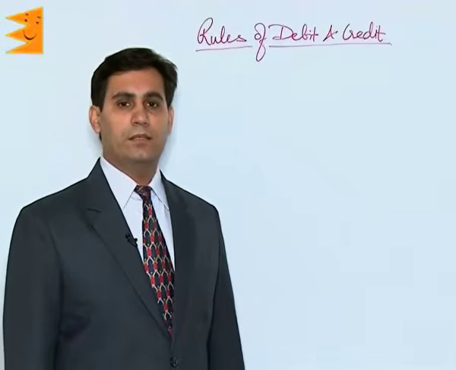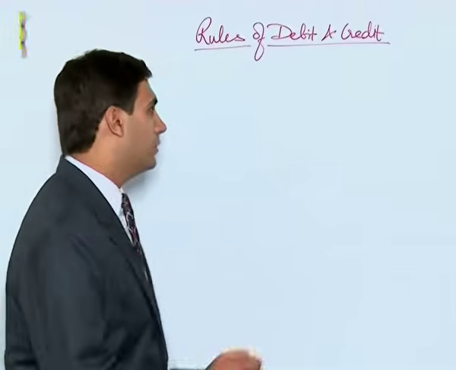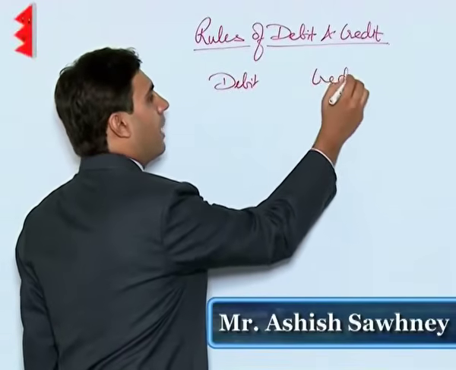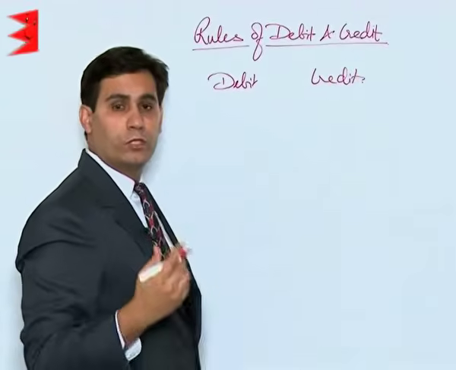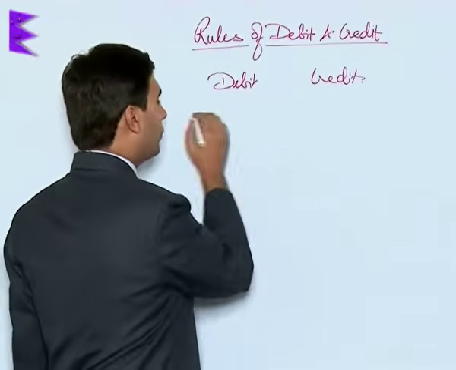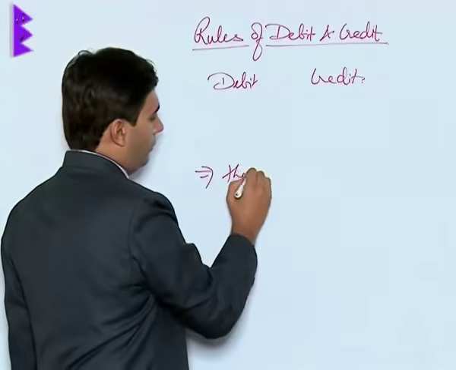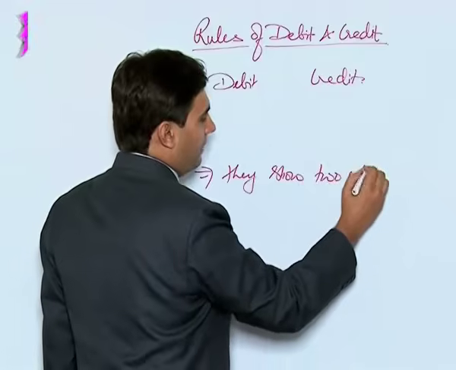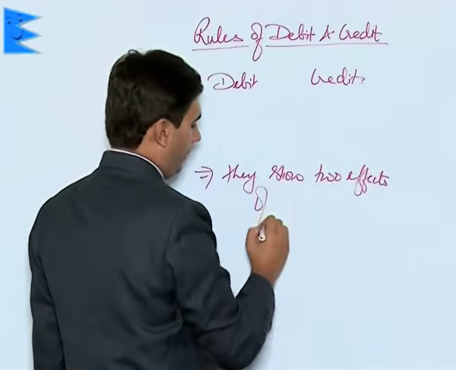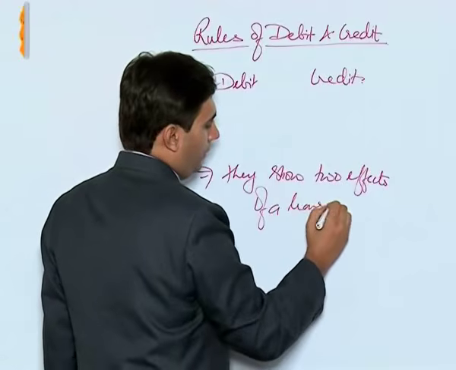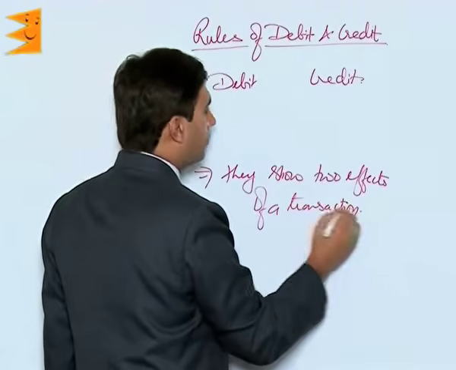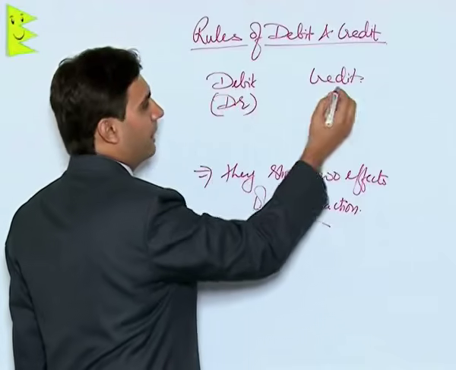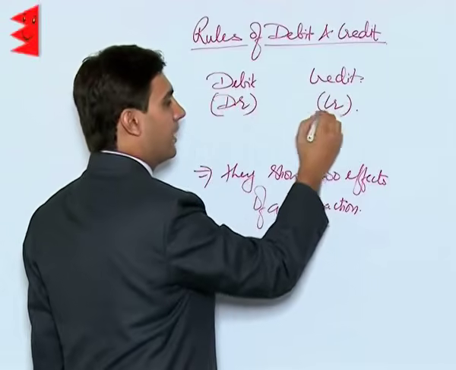Rules of debit and credit. Now students, these two terms, debit and credit, are used in accounts to show the two effects of a transaction. Debit is in short written as DR and credit is written as CR.